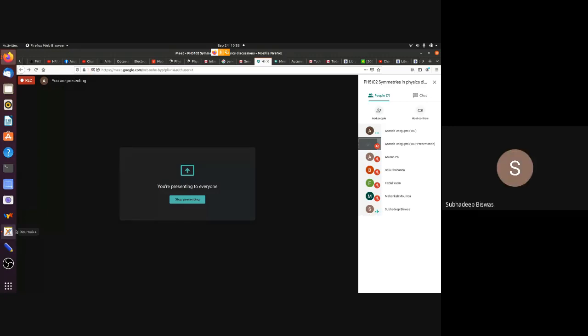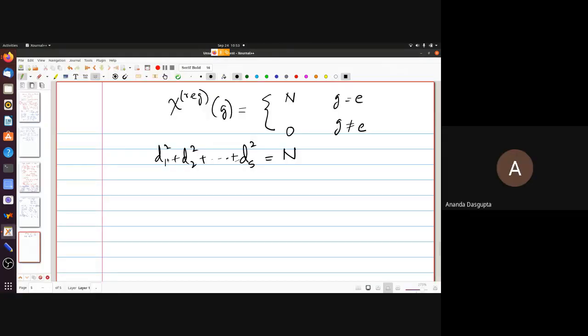This property of the character wouldn't have followed if we had followed the other convention of defining the representation by G applied on V. Wouldn't it? Are you sure? That time in the diagonal there will be elements other than E. No, let's see.